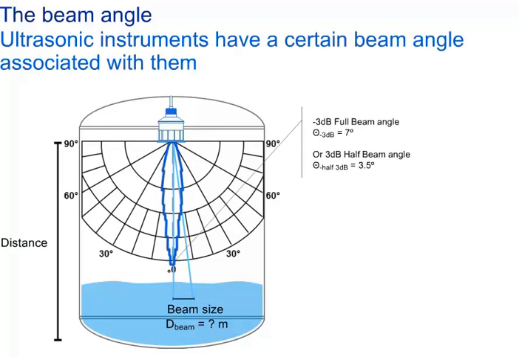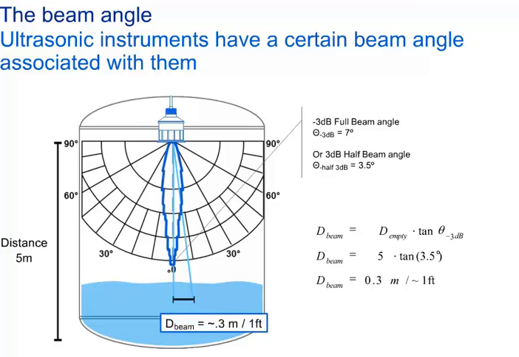We use the term -3 dB beam angle, which refers to the point where the power is half of the full power. The result of this is that we need to consider obstructions in the beam's way. It means that for a 5-meter, 15-foot range, we need a clearance of about 30 centimeters, 1 foot, from the wall or obstructions to make sure that we get the most reliable result.